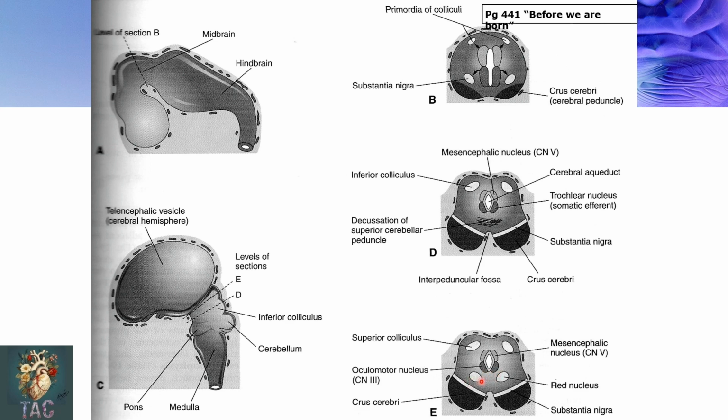Also you can see the red nucleus at the level of the superior colliculi, while at the level of the inferior colliculi you will see the decussation of the superior cerebellar peduncle. So please, dear students, remember that these points will also help you to memorize the sections of the midbrain at the level of the superior and inferior colliculi, in neuroanatomy as well.